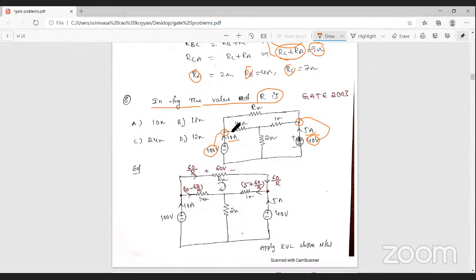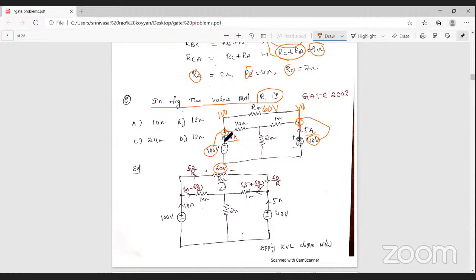Here also 100 volts. So the potential between these two points is equal to 100 minus 40, that is 60 volts. So 60 volts is present across the R ohm resistance. So here 100 volts, here 40 volts, the same node, no?